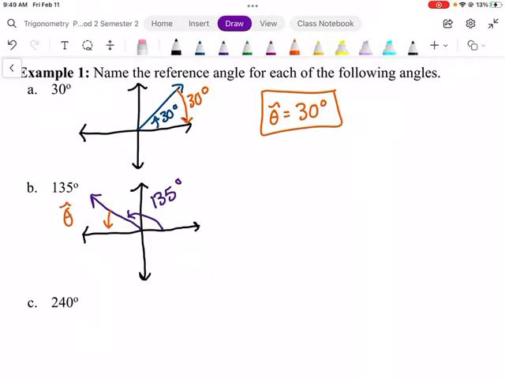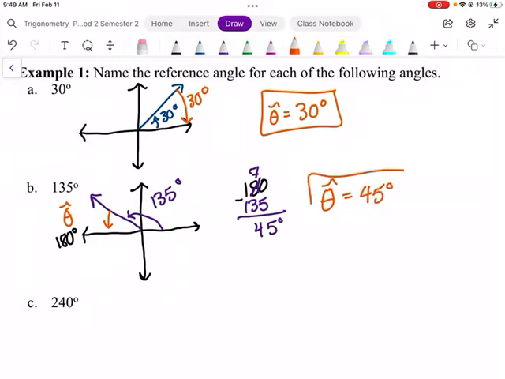So to do that, we're going to take 180 for this one, and we're going to subtract the angle we know, which is 135. And by doing that, we're going to get that leftover angle, which is our reference angle in this example, which is going to be 45 degrees. So in our example B, the reference angle is 45 degrees.